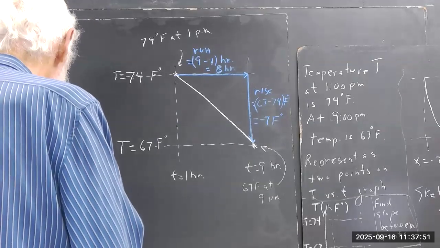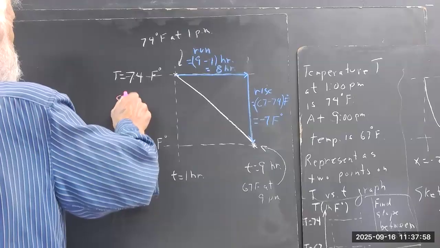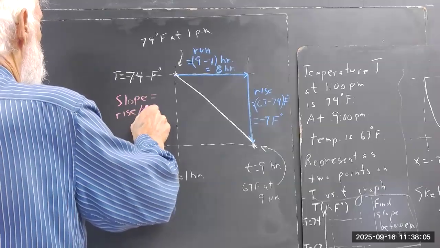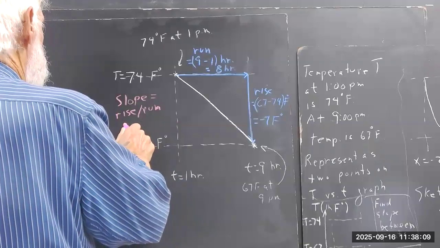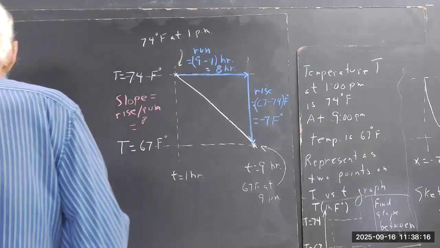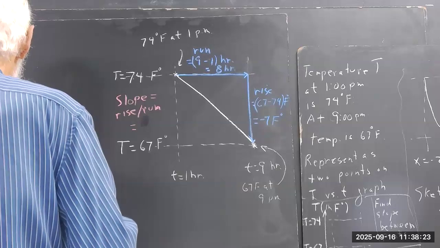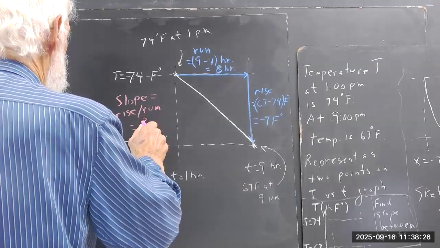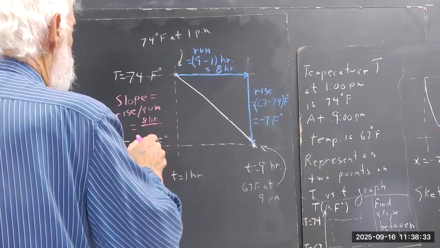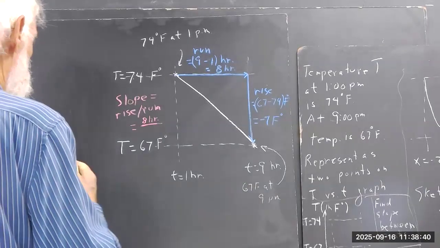Okay, so now the slope is rise divided by run, which equals eight hours, with all that trouble to write 8 correctly.